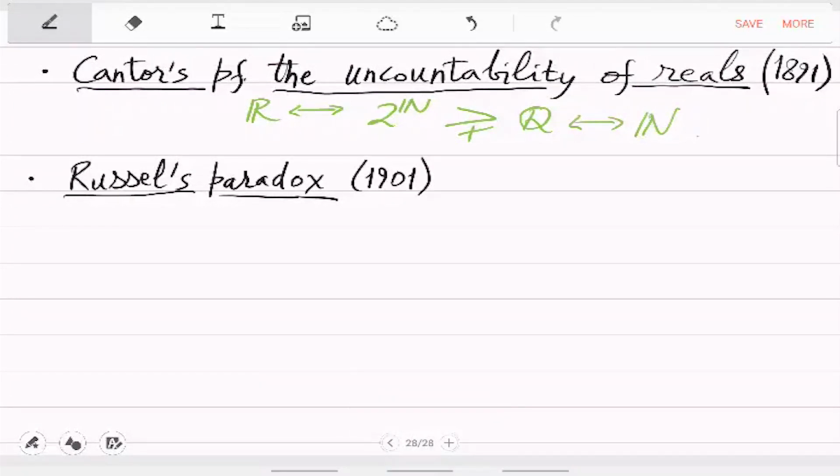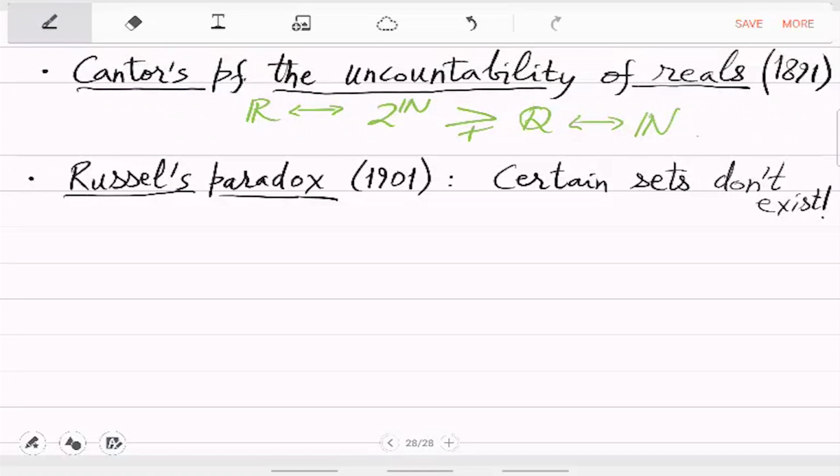Slightly later. So Russell's paradox says that certain sets don't exist. For example, you cannot say, let S be a set that contains everything. Such definitions, he showed, don't make sense.